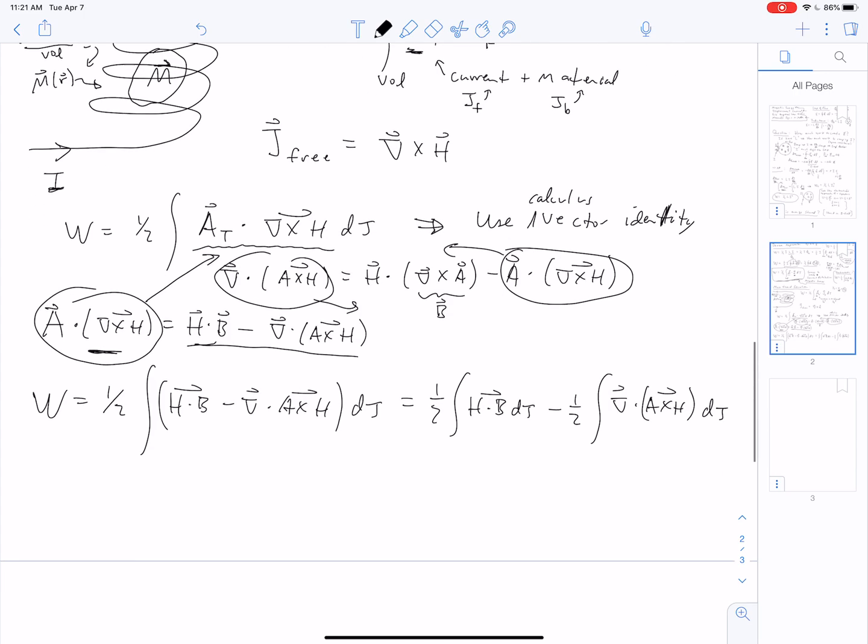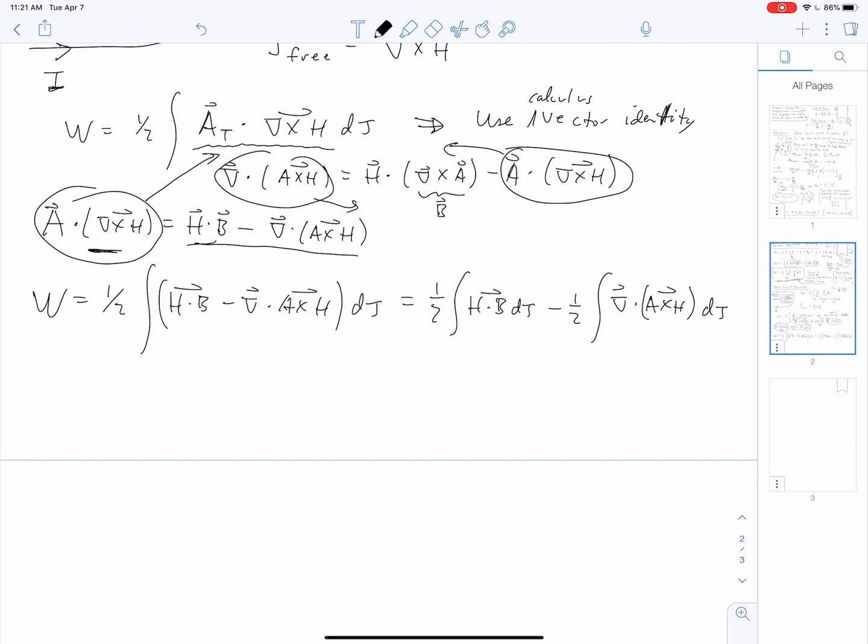And now we're going to do a little trick that we've done before. We're going to notice that that's an integral of a divergence, so we're going to use Gauss's theorem. And you all remember that. That's our favorite little theorem.